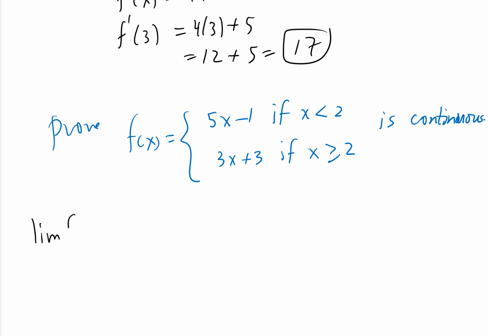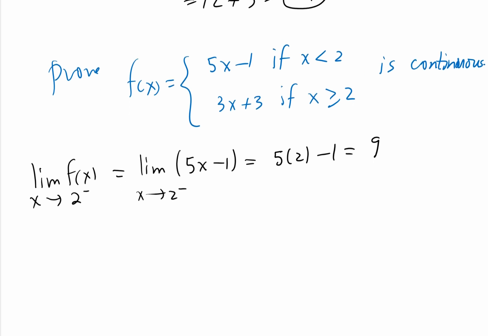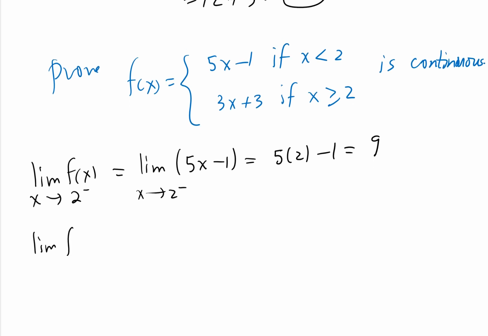So the limit of the function as x approaches 2 from the left side equals the limit of 5x minus 1: 5 times 2 minus 1, 9. Also, we check the limit as x approaches 2 from the right side, because we need to see whether the function is continuous around x equals 2.